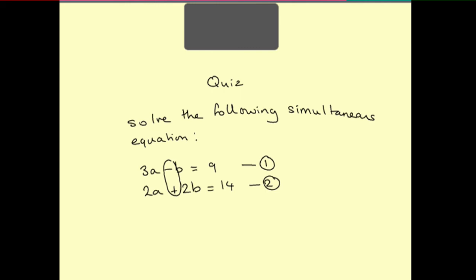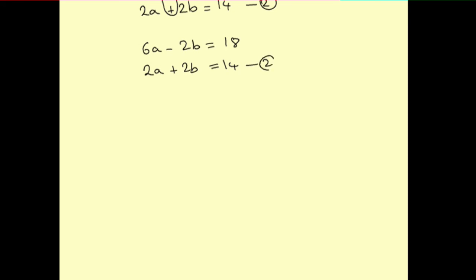So if I multiply the top equation by 2, we get 6a minus 2b equals 18, and on the bottom 2a plus 2b equals 14, so that doesn't change, so that's just equation 2, and we've got our brand new equation here which I'll put as equation 3.